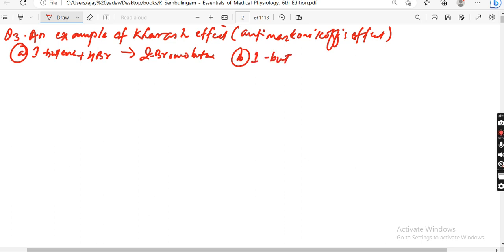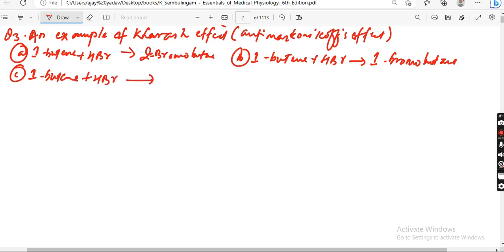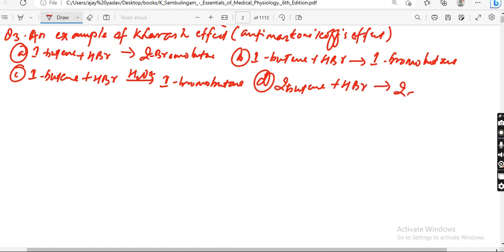Option C is 1-butene plus HBr with H2O2 peroxide gives 1-bromobutane, and D is 2-butene plus HBr gives 2-bromobutane.